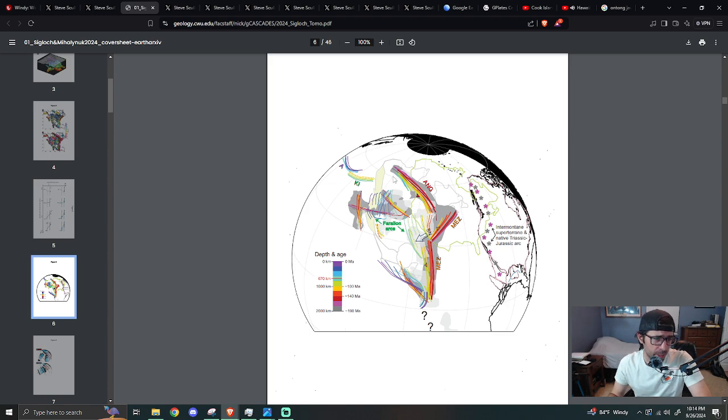So the general idea is that this stuff was out here when North America was over here, and then North America moved on top of it. I guess with the westward subduction? It moved atop the westward subduction?